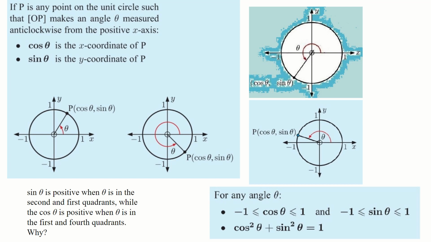Well, the angle is the space between the positive x-axis and the second line in a counterclockwise direction, in an anti-clockwise direction. Negative angles are the same, except that they are the space between the positive x-axis and the second line in a clockwise direction and not a counterclockwise direction.